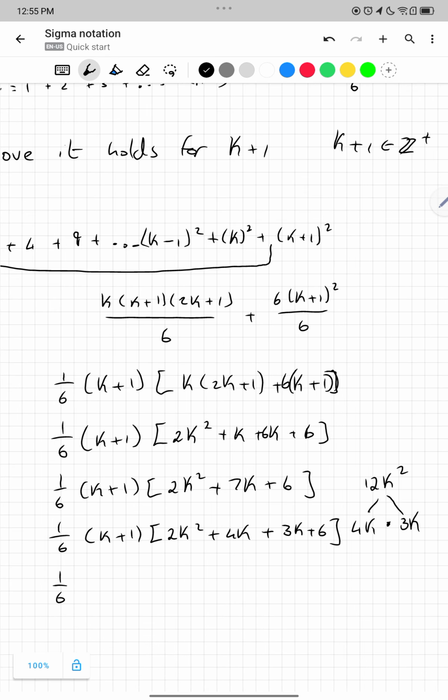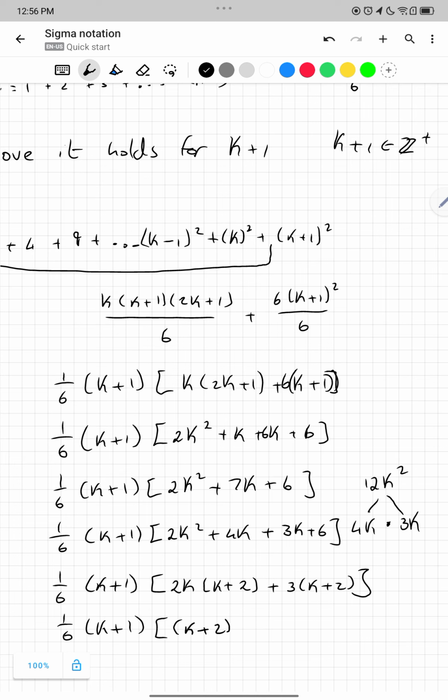So 1 over 6 times (k plus 1) will thus equal 2k(k plus 2) plus 3(k plus 2). So 1 over 6 times (k plus 1) will thus equal (k plus 2)(2k plus 3).